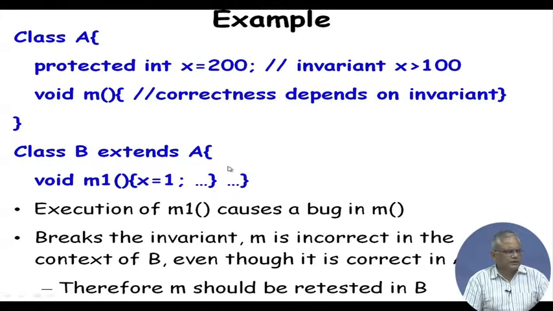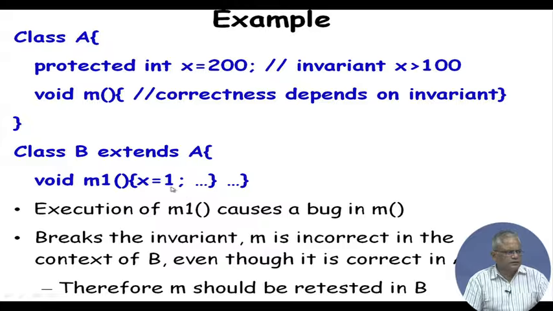But then when it was later extended into a class B, a new method m1 was introduced, but the programmer who extended class A into class B did not pay attention to the invariant that x should be greater than 100.